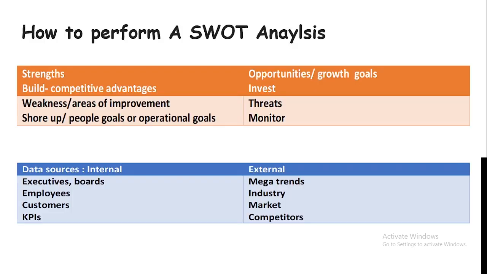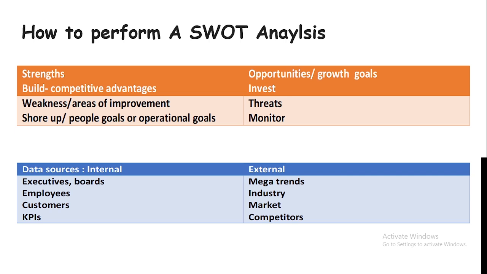So how do you actually perform a SWOT analysis? Here I've put a brief table that summarizes the SWOT analysis. I've explained what strengths are. When you look at your strengths, weaknesses, opportunities, and threats, strengths are there for you to build on, because they give you a competitive advantage.